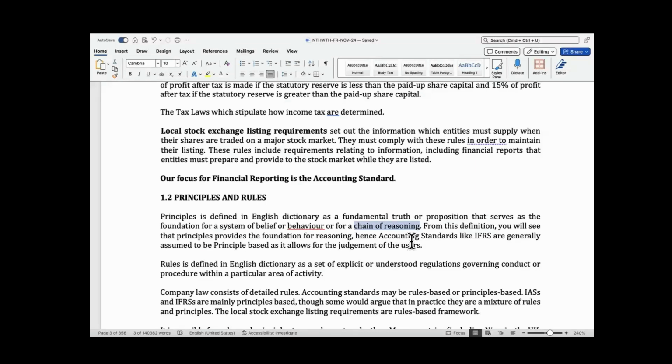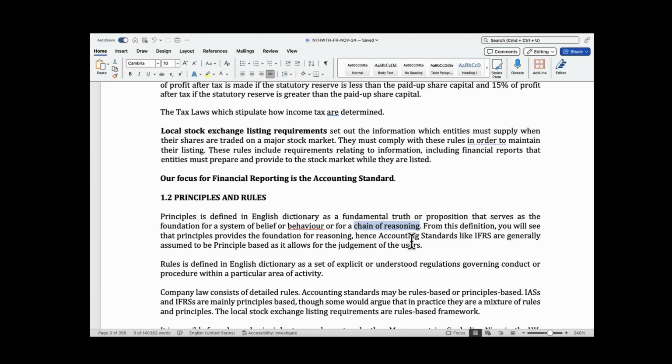They won't tell you specifically, okay, this is how you treat this item. No, it will only give you a guide. So depending on the situation you find yourself, you will now tailor it to that, right? So just remember that the IFRS that we are learning in this class is principle-based.